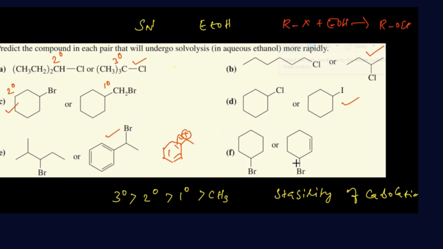What about F? Both are secondary alkyl halides, but the second one forms an allyl carbocation, which is more stable than the tertiary.